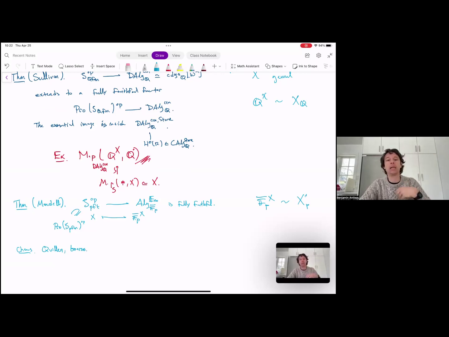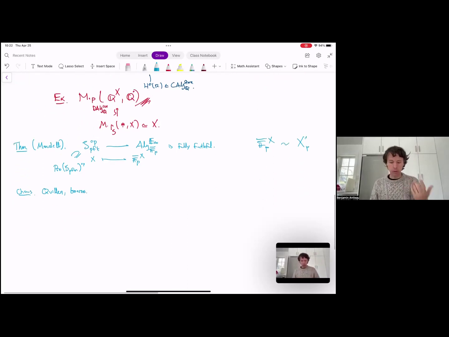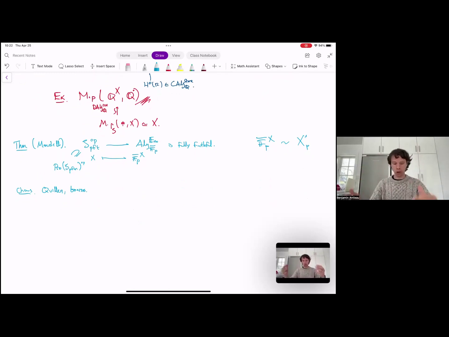Also Mike Mandell has some results on this in his IHES paper, where he shows that if the two integral cochain algebras are equivalent, then the spaces are equivalent under some nilpotence conditions. But he doesn't get a fully faithfulness result. So it's some kind of conservativity result, but not a fully faithfulness result. And so it's a problem to construct an integral version of this.